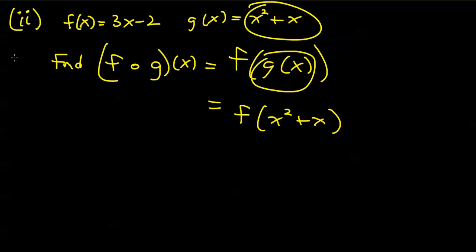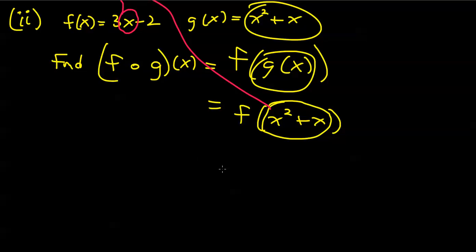So the output of g of x now becomes the input for f. Did I do that right? Alright. So in other words, I'll plug in x squared plus x for x under the f operator.